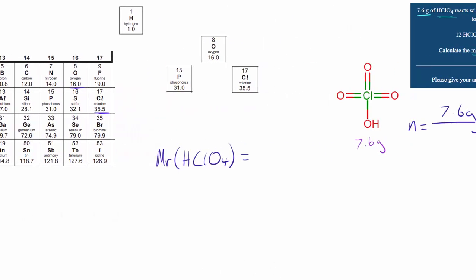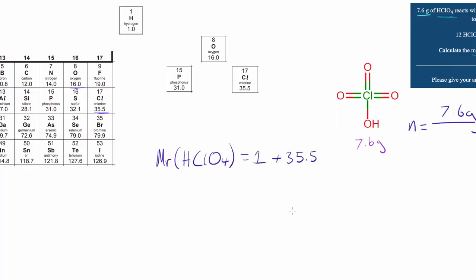So for H, it's just 1. Ordinarily I would write 1 multiplied by its frequency of occurrence, but in this case the frequency is 1, so I'll just write 1. For chlorine, it again occurs only once, and the relative atomic mass for chlorine is 35.5, so I'm going to put that there.